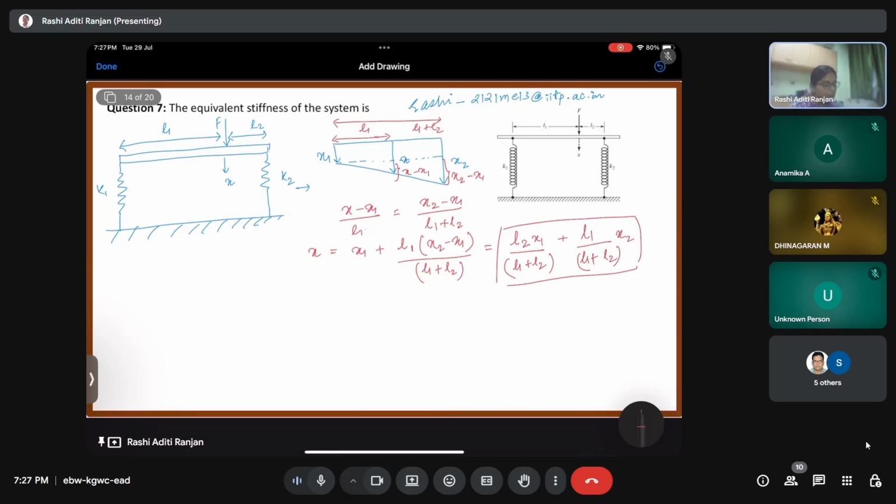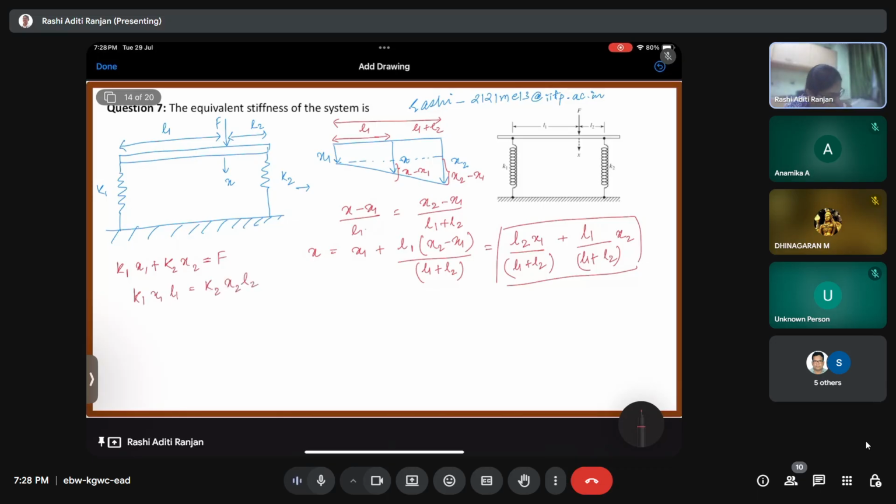Okay, now coming on to the force balance. If you remember, we can do two things. We can balance the force, we can balance the moment. So if we balance the force, what am I going to get? I'll get k1 x1 plus k2 x2 is equal to F. And then by balancing of the moment, we'll get K1 X1 L1 is equal to K2 X2 L2.